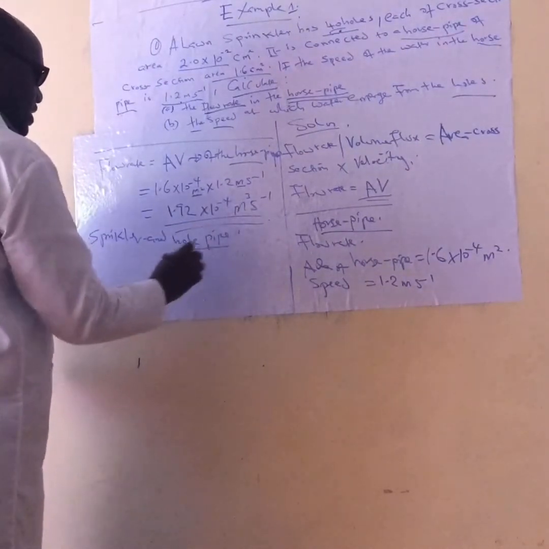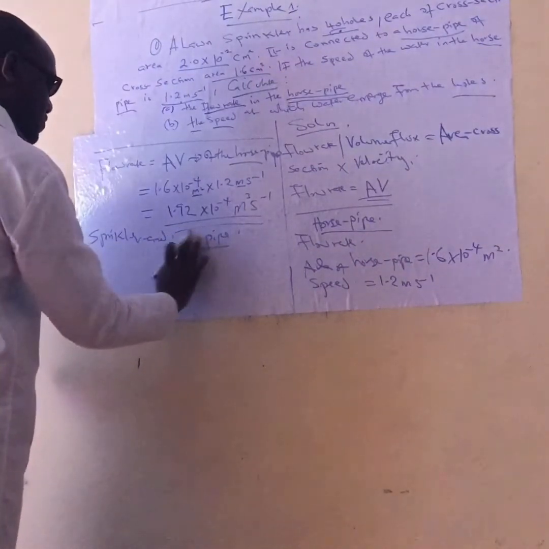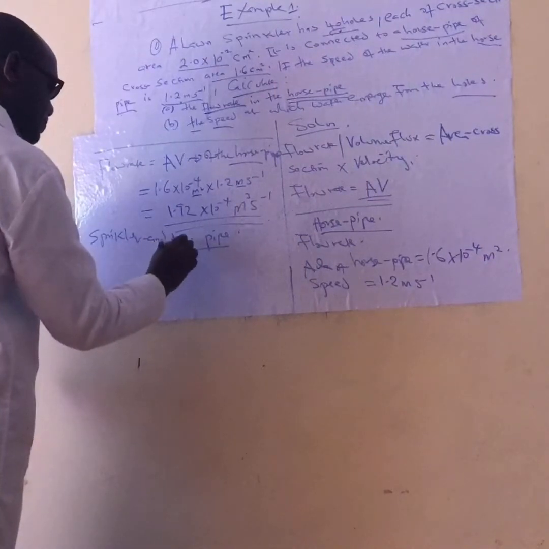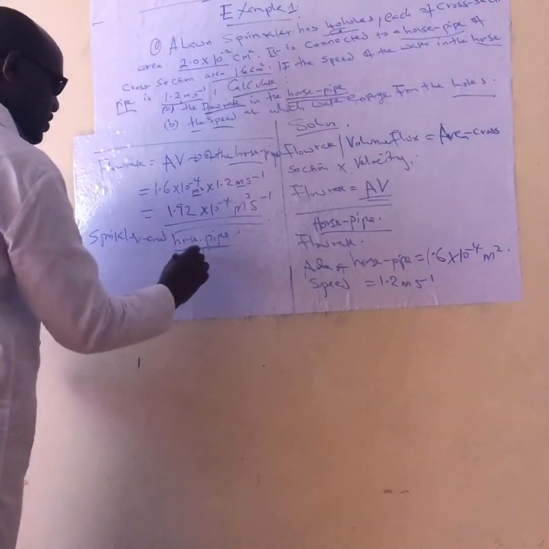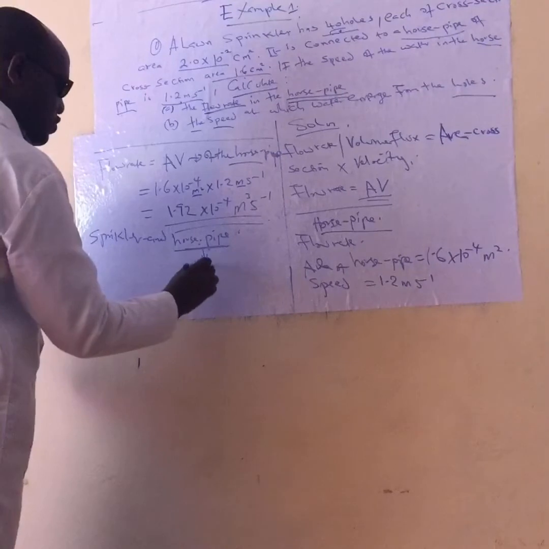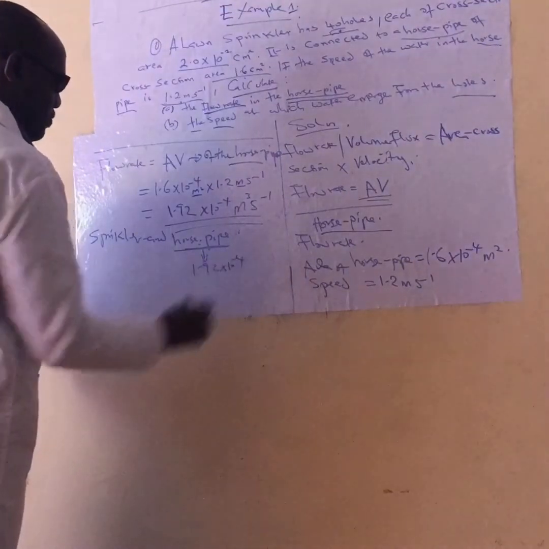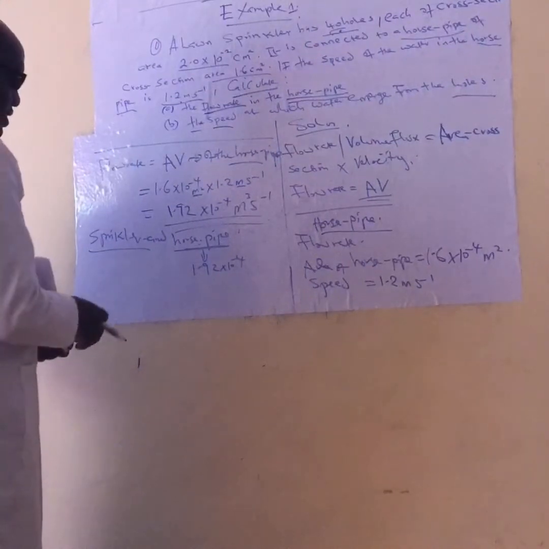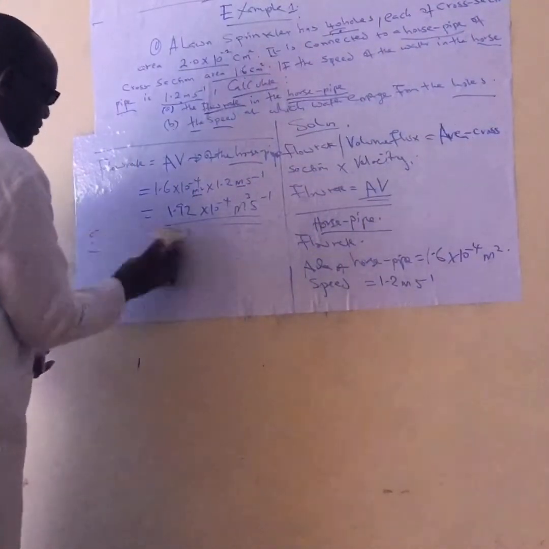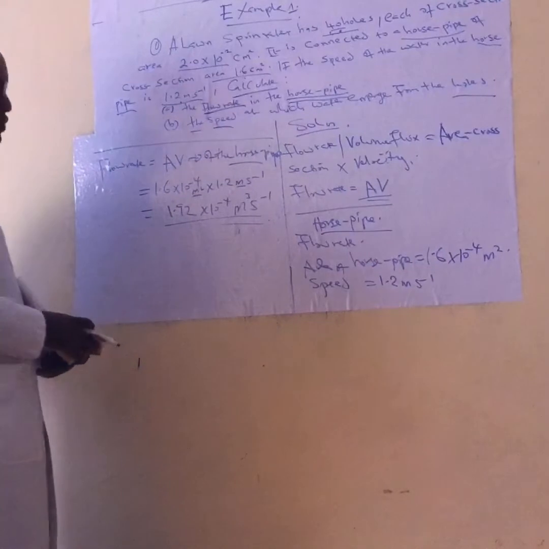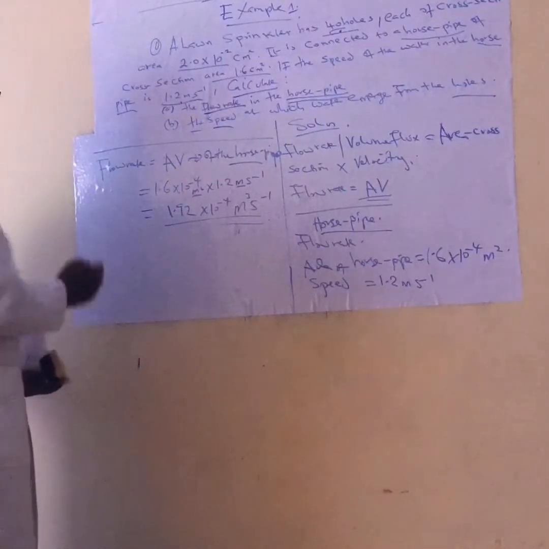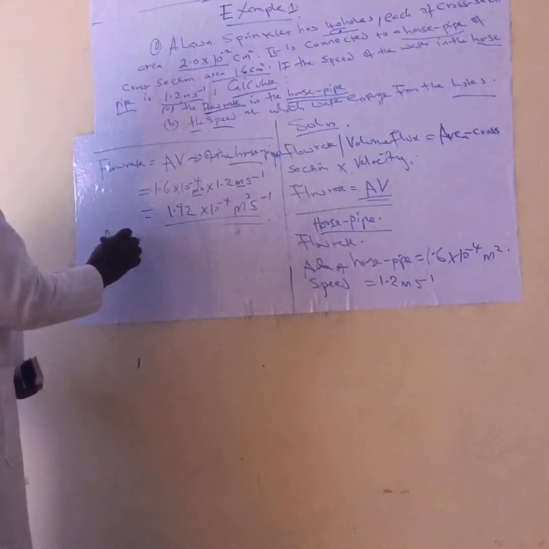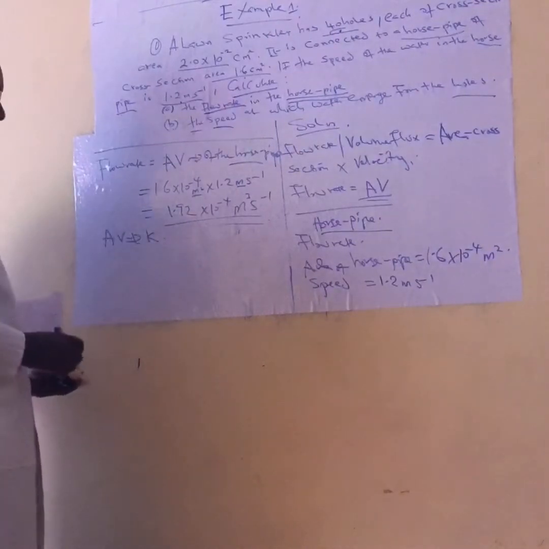Now we know the flow rate for this one to be 1.92 times 10 power negative 4. This one, we know the area, so we can calculate that. Based on our earlier equation, we were saying A times v was equal to a constant.